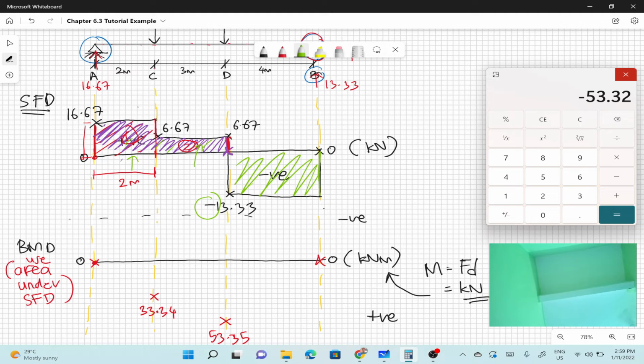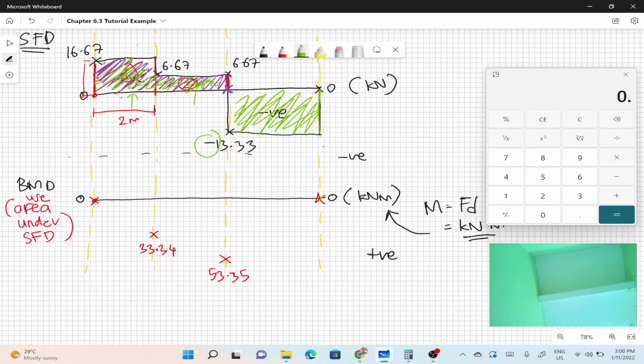You're going to get negative 53.32, and then plus, because this is the area for the negative side and this one is positive, we're going to add 53.35, the total area for this one. Then we're going to get about 0.03, which is close to 0, so we're just going to put down that it's around that.